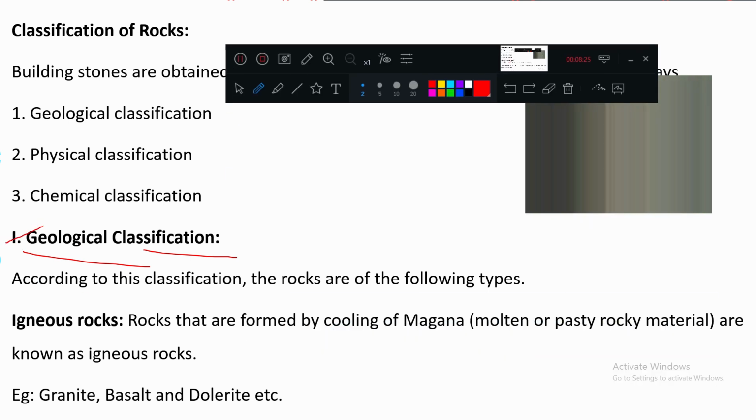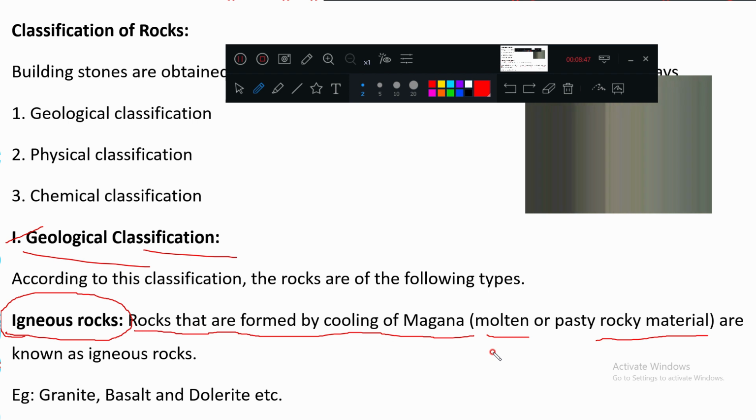According to that, we can classify them as igneous rocks. Everyone is aware of this word. These are formed by cooling of magma. Magma is molten, pasty rocky material. Inside the earth you have lava or magma.